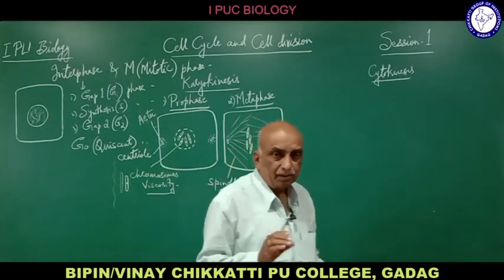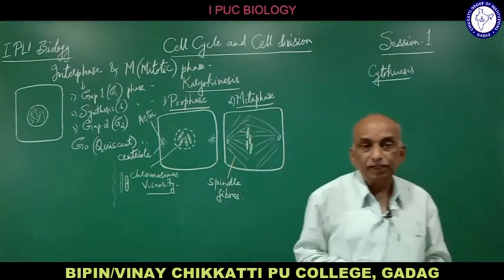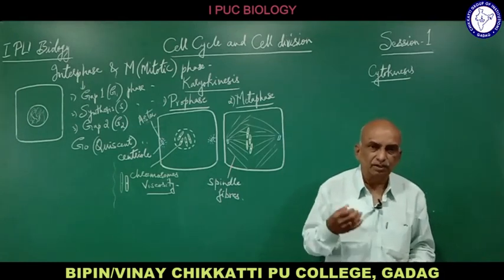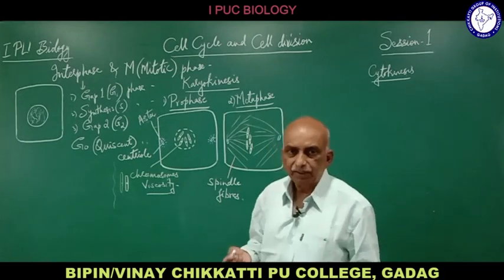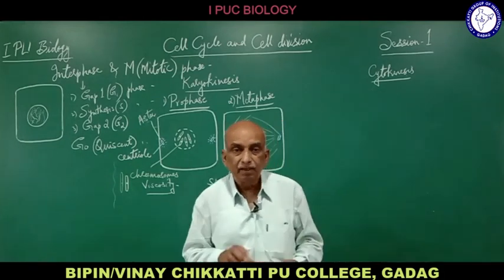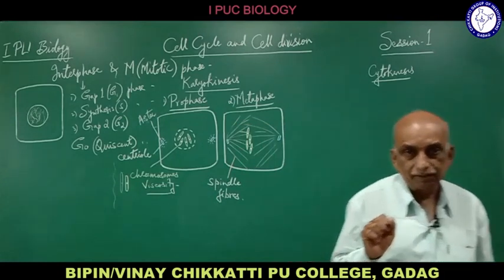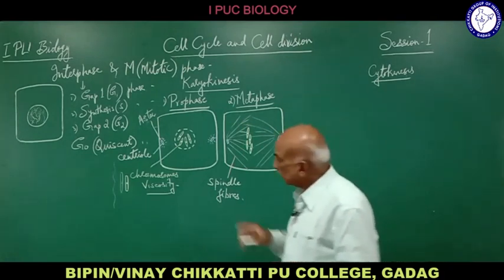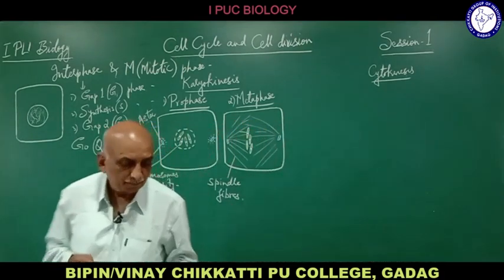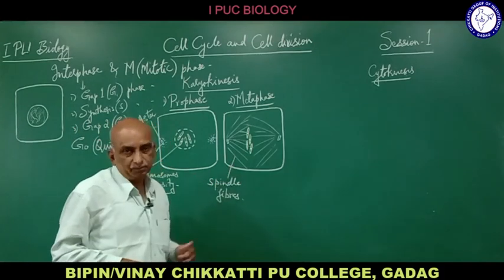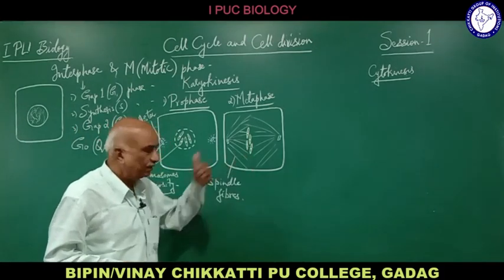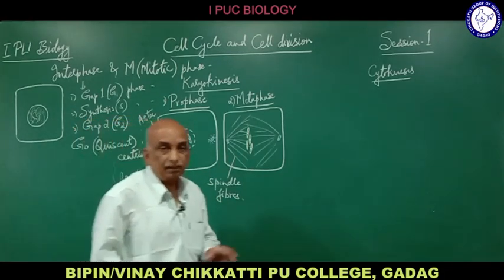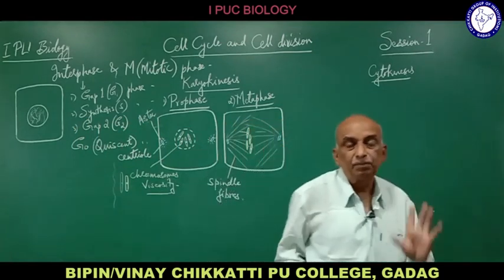So whenever we want to do research or study the structure or any other characteristics of chromosomes, they are taken only from the metaphase stage. During metaphase, the chromosomes are maximally condensed, and not only that, they are arranged in the equatorial plane of the cell.